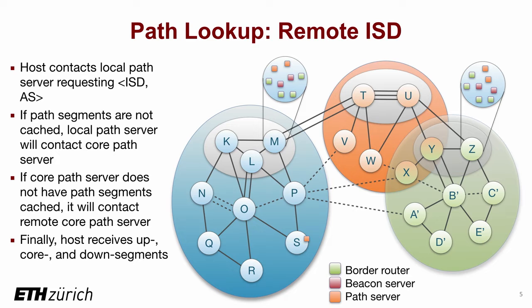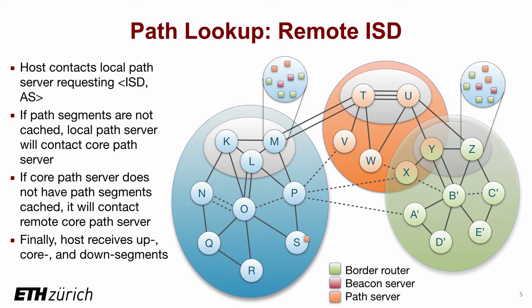So in the example in this slide, we're going to look at a host in AS S that intends to communicate with a host in AS E prime within the green ISD. And if the local path server does not have the paths cached, a core path server, in this example in AS M, is contacted. And in case this core path server does not have the required information, a core path server in the remote ISD is contacted.